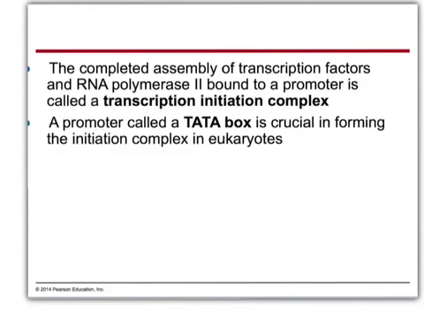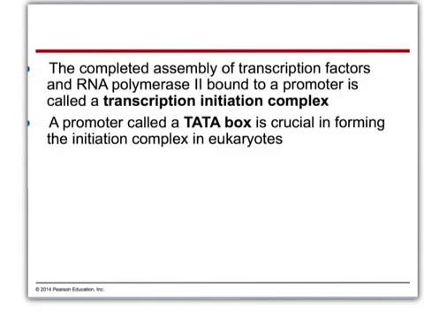So those proteins that bind to the promoter help recruit RNA polymerase II to the right start point, the right point to begin, and help to stabilize the interaction between RNA polymerase and the promoter.